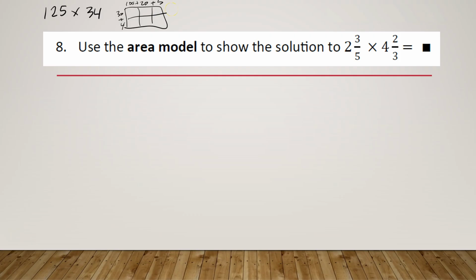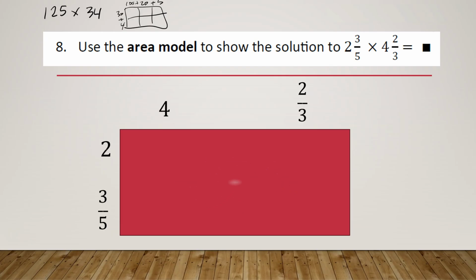Okay, so we are going to go ahead and put up our rectangle. 2 and 3/5 means 2 plus 3/5, 2 whole plus 3/5. And 4 and 2/3 would be 4 whole number plus 2/3 as a fractional part.